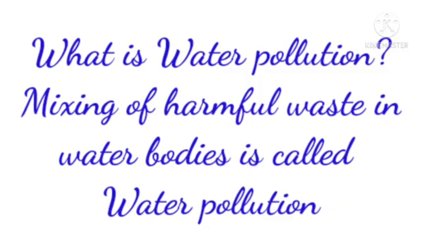Drains from towns and cities carry dirty water containing domestic waste and industrial waste to rivers, lakes, or seas. Some amount of agricultural waste also pollutes the water bodies.